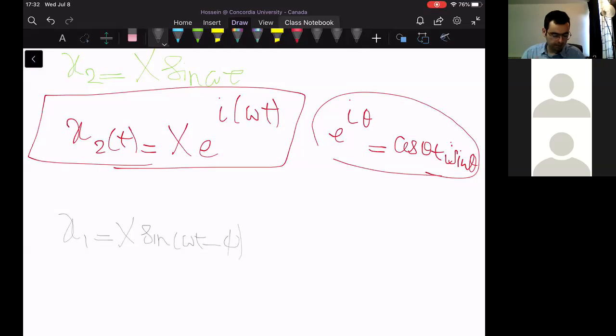Because we have damping in our system. If we don't have any damping, the phase would be zero. Similarly, for the sake of simplicity, by taking advantage of complex algebra, we will use x of t equal to x e to the i (omega t minus phi). So let me focus on these two.